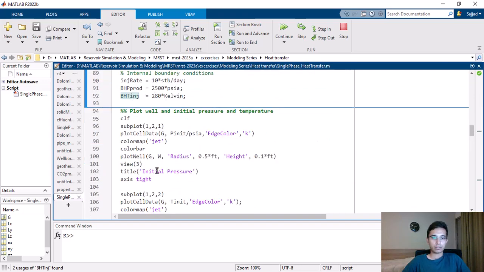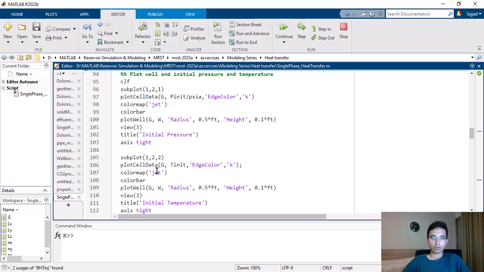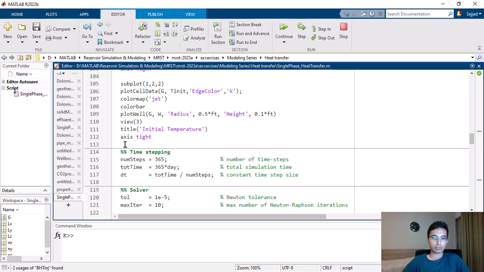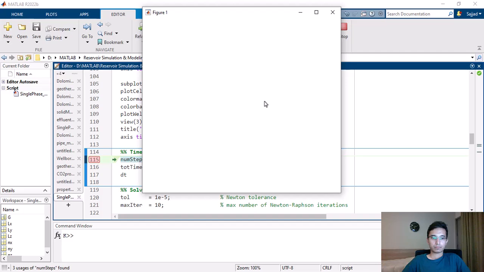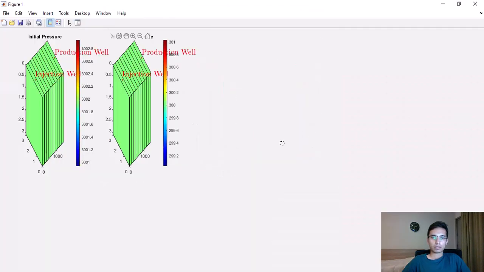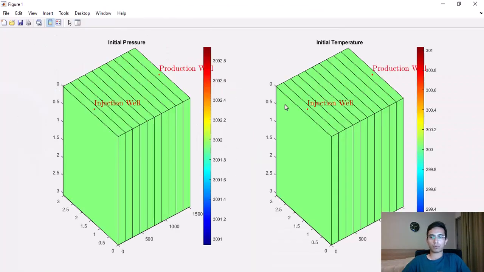All right. Now let's take a look at the wells and also the initial pressure and temperature values in our porous medium. As I told you before, because our porous medium is one-dimensional in the horizontal direction, we don't have any pressure change and also temperature change in our porous medium.